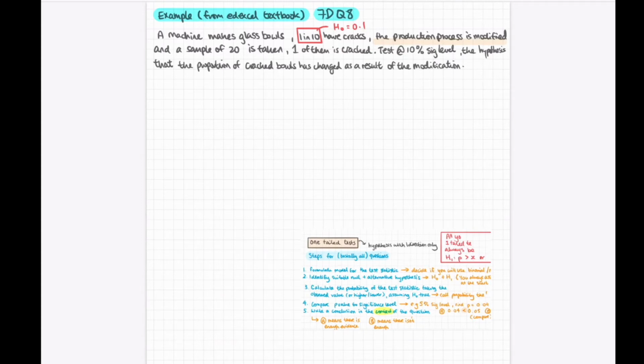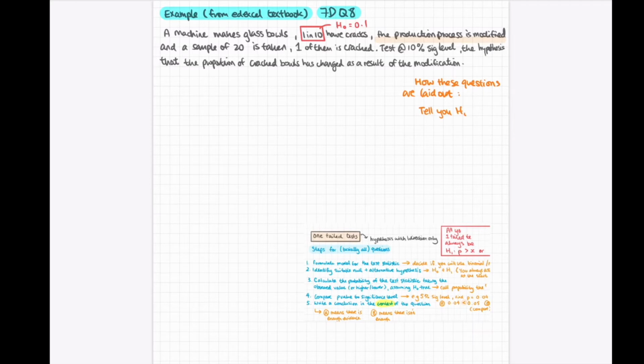How these questions are laid out, 99% of the time, is they will tell you H0 normally, very straightforward, and then they will tell you the events, e.g. a new manufacturing process, for example, new production process.